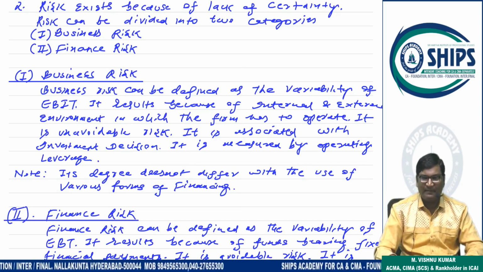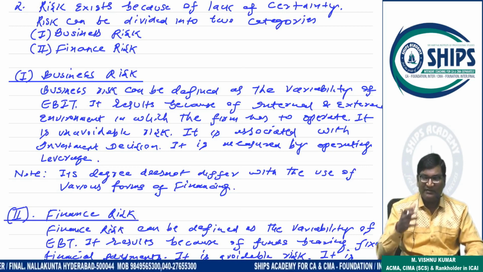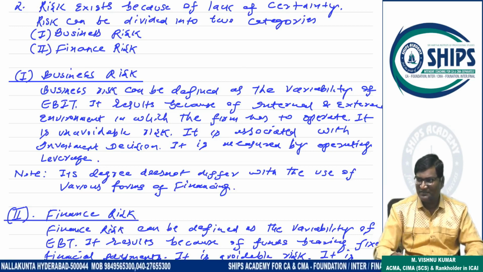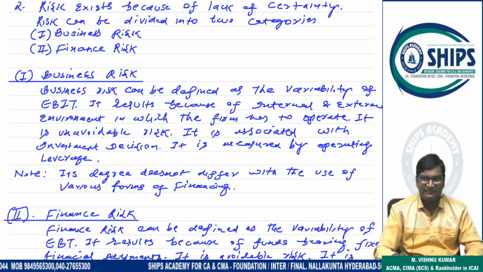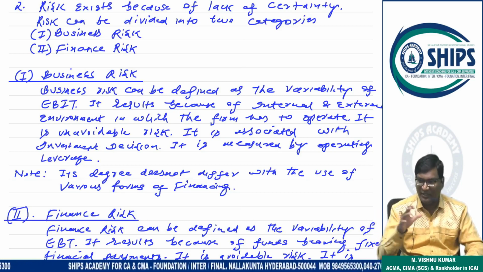Why? You need administration service also. You need selling and distribution service also. In that, are fixed payments required? Salary, rent, administration cost. These people get their remuneration on a monthly basis.